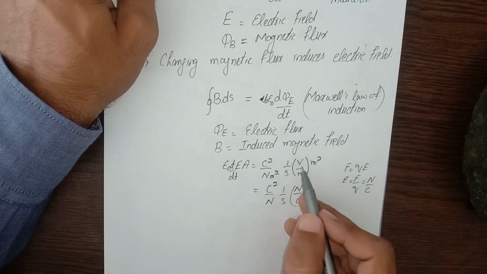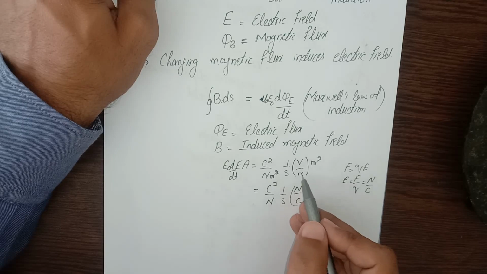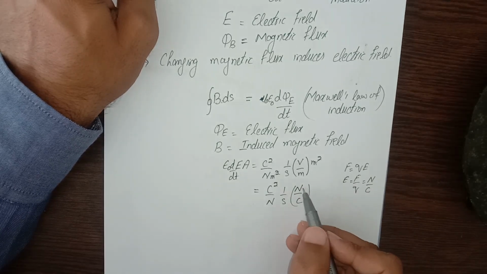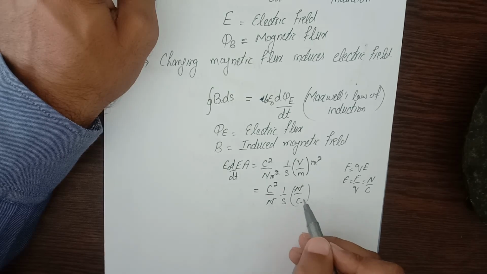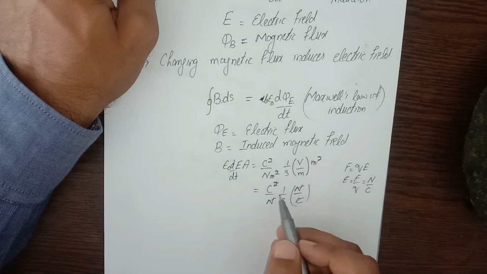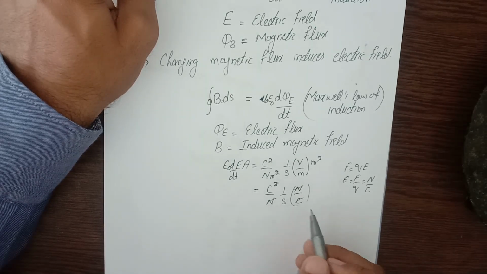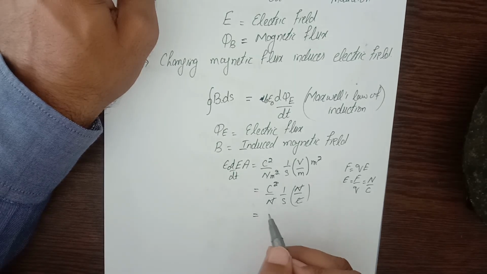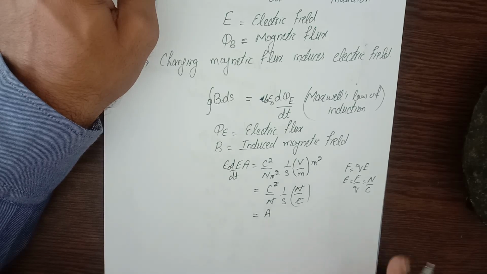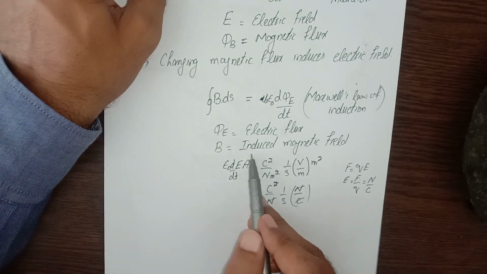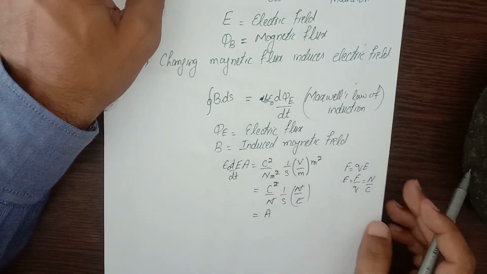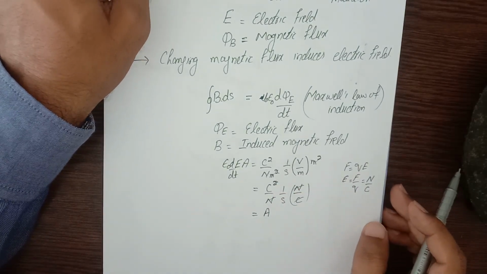So if I represent E by Newton per Coulomb, then this would be cancelled, and this would be cancelled, and this would be Coulomb per unit time. This would be the units of current, ampere. So I can say that this epsilon naught d phi E by dt has the units of current.